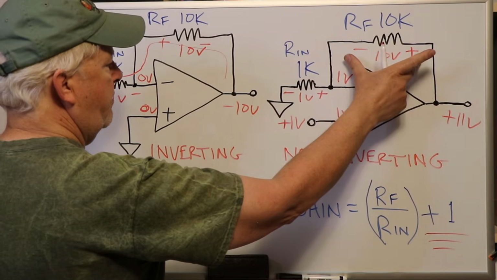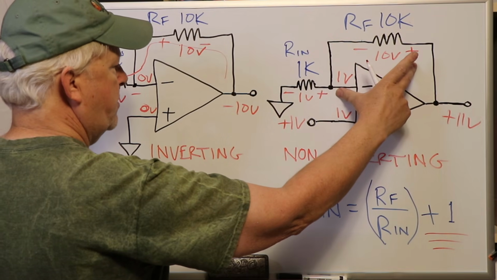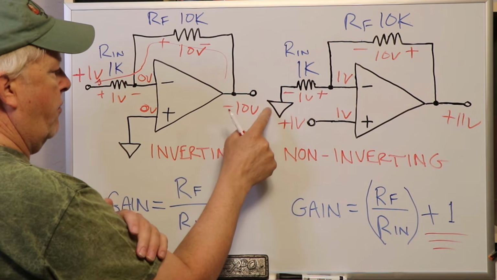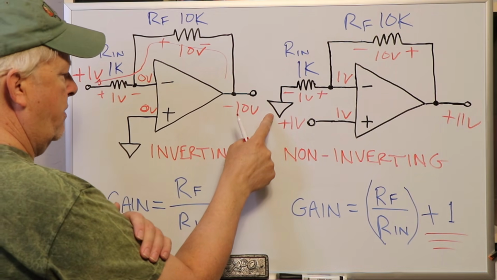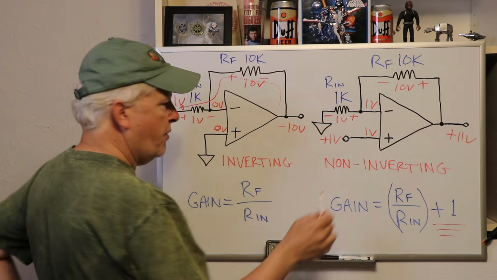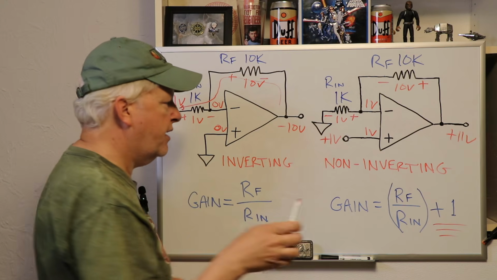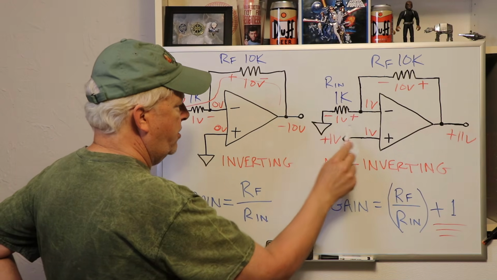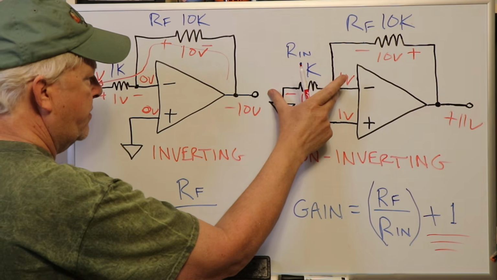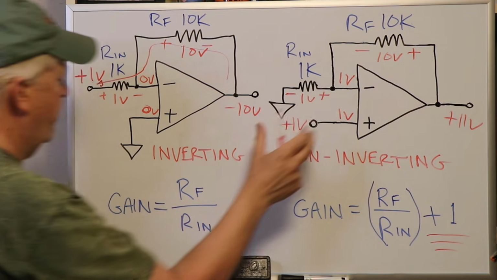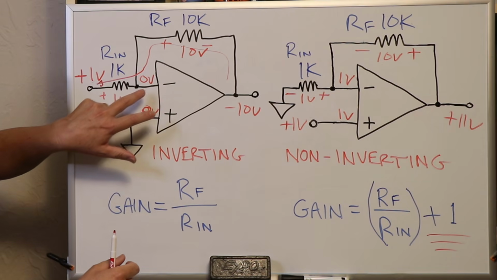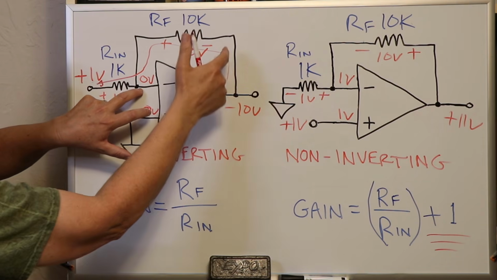Well, we've got 10 volts across this resistor, but now the difference is our ground reference is here. It's no longer here. And so that plus 1 is this additional signal dropped across that resistor, the input resistor. We don't care here because our reference is here and our virtual reference is here.